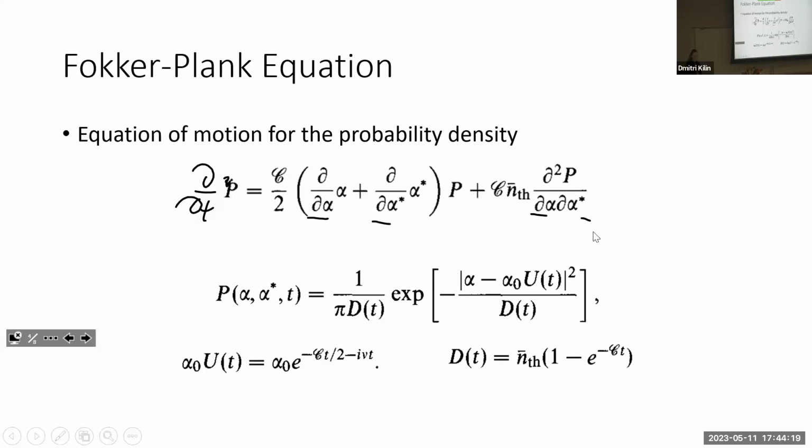So it is something that develops in time and some space. It is a distribution as a function of alpha and alpha star. Tori correctly mentioned that alpha and alpha star relate to creation and annihilation operators, but to be more precise, it deals with the amplitude of a coherent state, the eigenstate of the annihilation operator.